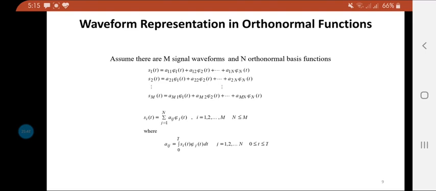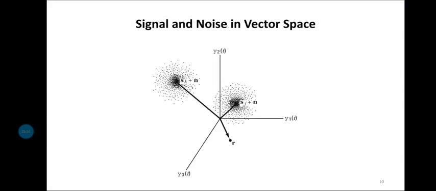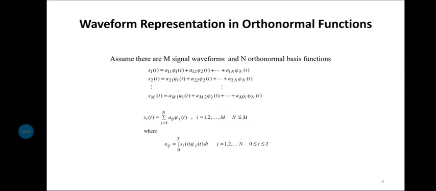Now, with that basic concept, let us assume that there are M signals and N orthonormal basis functions. Orthonormal basis function, we already saw that it is our psi of j, right. So, we have such N orthonormal basis functions and there are M signal waveforms.